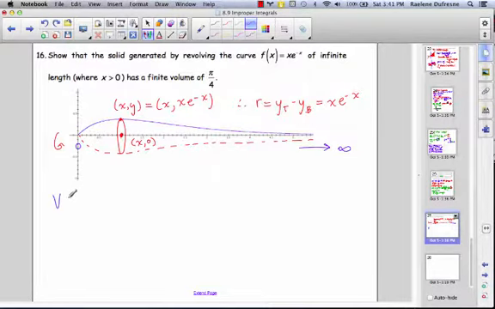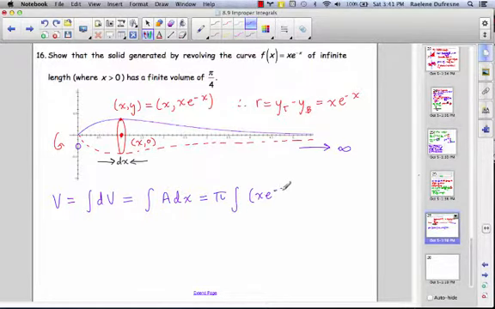Going back to basics, we know that volume is equal to the integral of a little bit of volume, which is going to be area multiplied in this case by the thickness, which is a dx. The cross-sectional area is that of a circle that has a formula of pi r squared. Taking the pi outside and squaring the radius and interpreting the bounds from 0 to infinity gives us an improper integral.